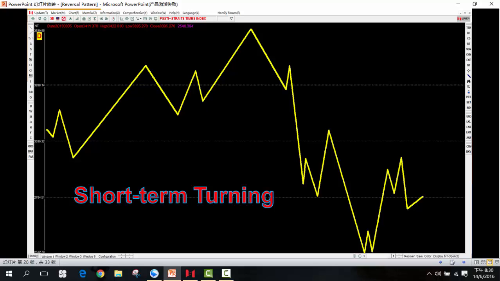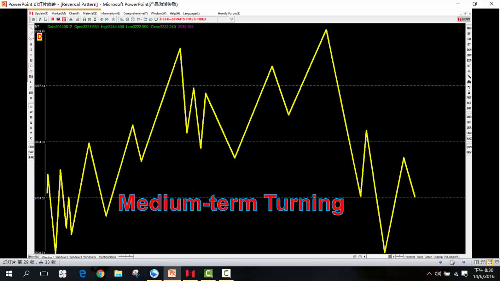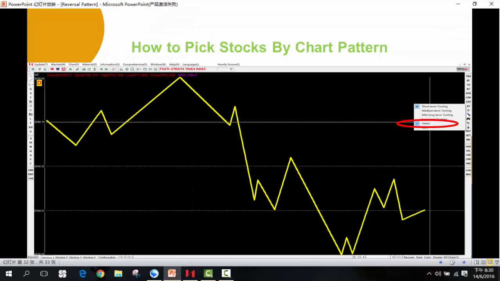Okay, so if you want to select a pattern like this or like this, you can use this method to pick some stocks which belong to double bottom or triple bottom, whatever you like. Okay, so this is the short-term turning. Can you grasp this method?